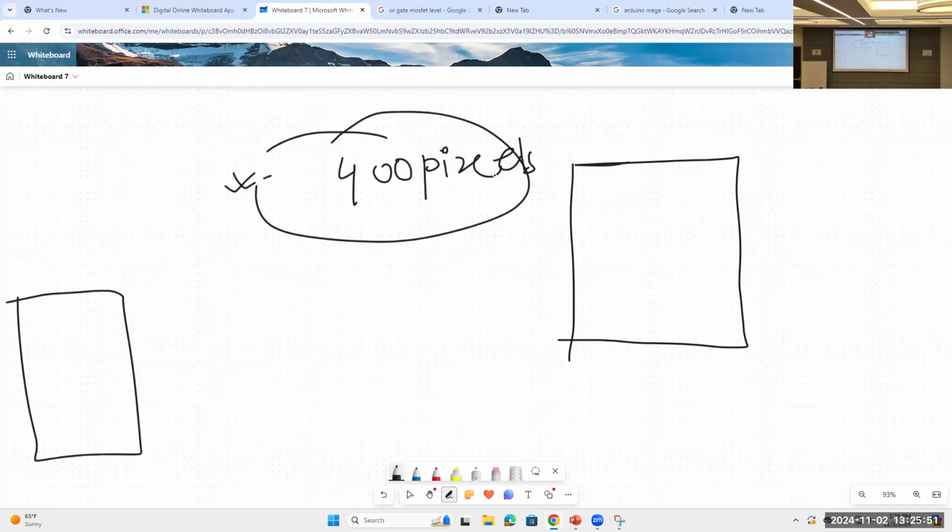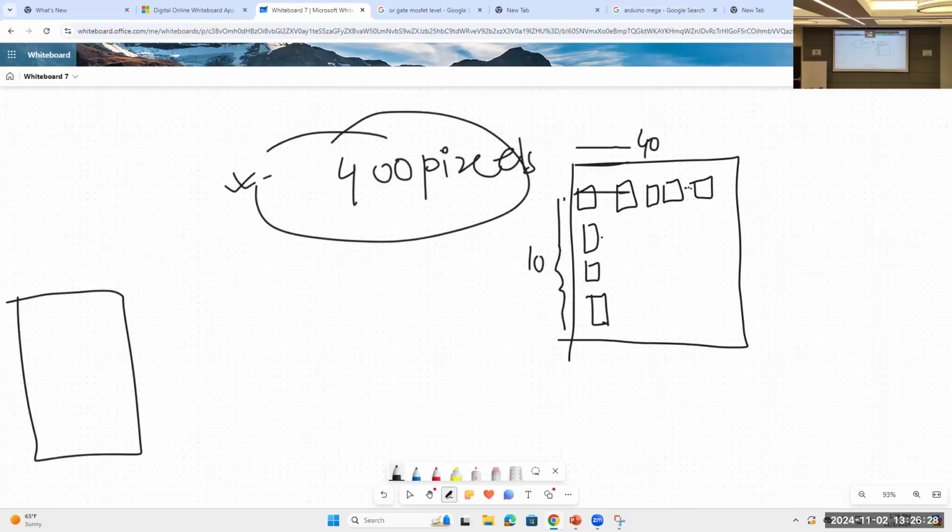So 400 pixels can mean that you have 40 photodiodes in this line. The squares here are photodiodes. This is one photodiode, this is another. I cannot draw all 40. And like this, we have 40 photodiodes, and we have 10 lines of them.